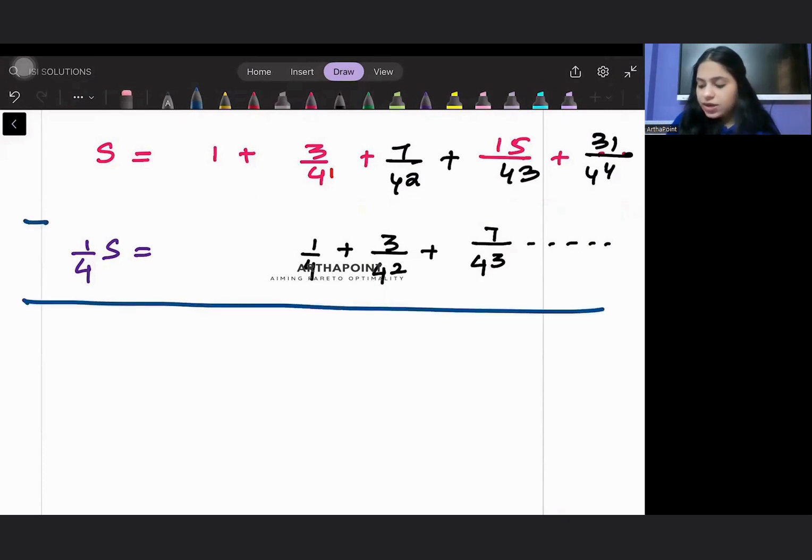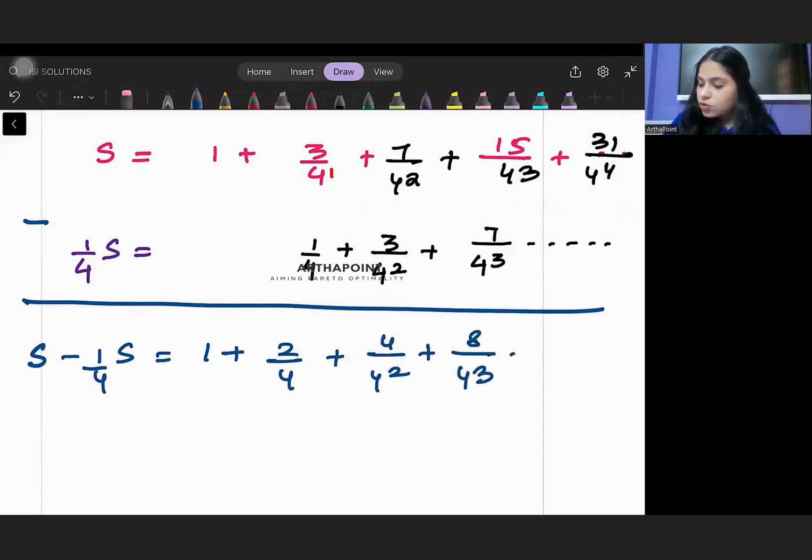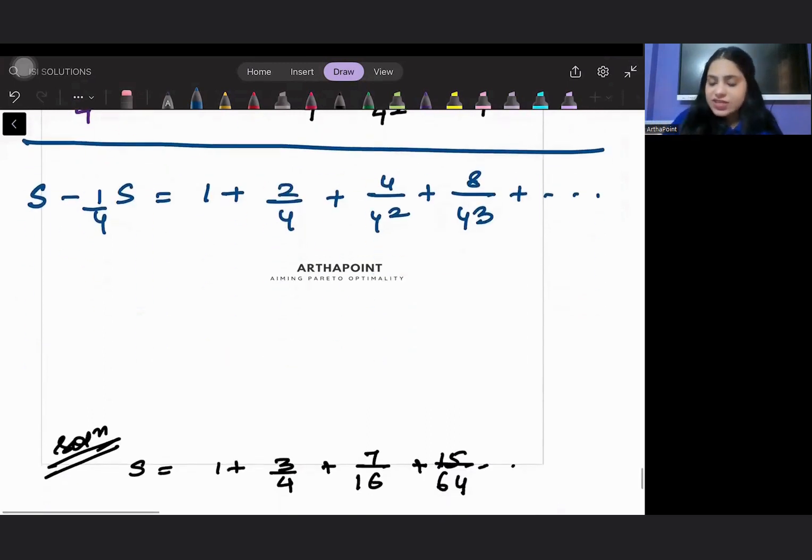And then you will go ahead and do S minus 1 by 4S, and this will be 1 plus 2 by 4 plus 4 by 4 square plus 8 by 4 cube, and so on. Am I clear with it? So on the left hand side, you can clearly see that this is 3 by 4S.